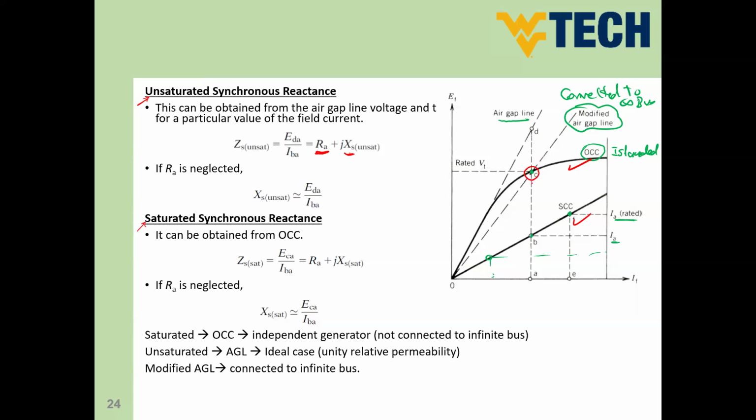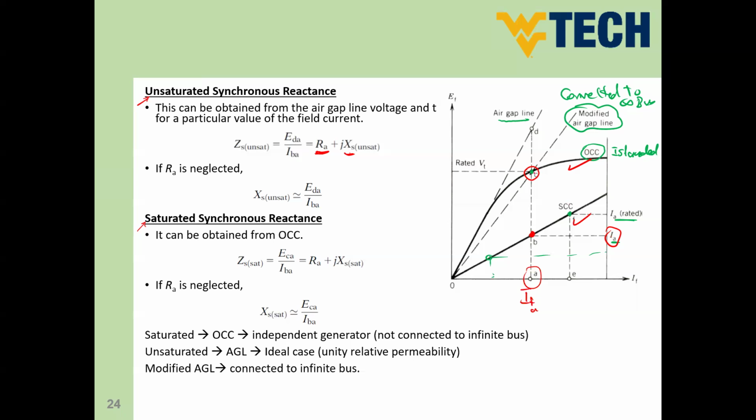So once you know the field current, which is the current at this point A, at the same point you can get the value of the short circuit current at rated volt. So this value of IA now is required in order to calculate the impedance. So what is the value of the synchronous saturated impedance?